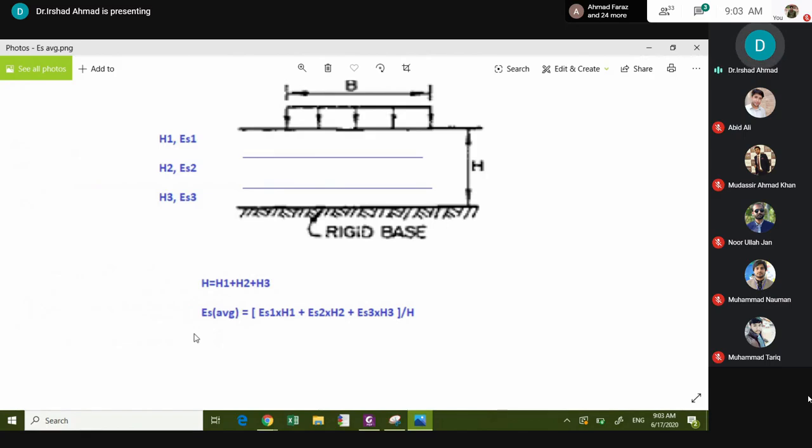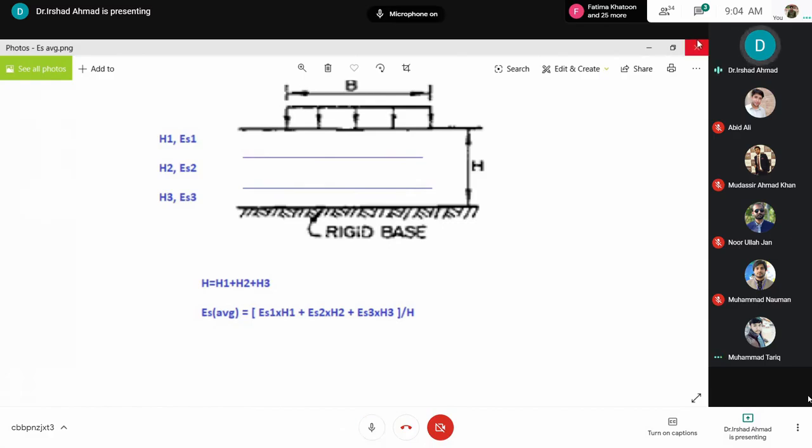Here H is H1 plus H2 plus H3, and ES average is ES1 into its corresponding height H1, plus ES2 into H2, plus ES3 into H3, divided by H. So that is the average modulus of elasticity that you would use in the equation. If there is a single layer, then you would use the same ES. You got the idea? Yes, sir. Okay.